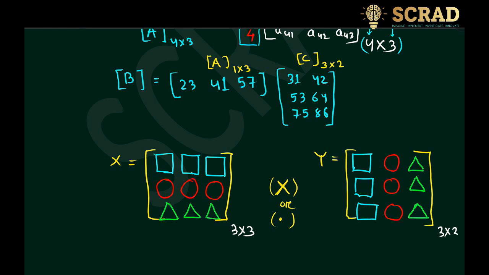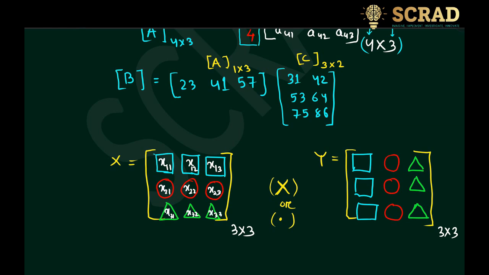To perform the matrix multiplication, the first row, first column element I refer to as x 1 1. Similarly, this is x 1 2, this is x 1 3. This is x 2 1, x 2 2, x 2 3, and this is x 3 1, x 3 2, x 3 3.